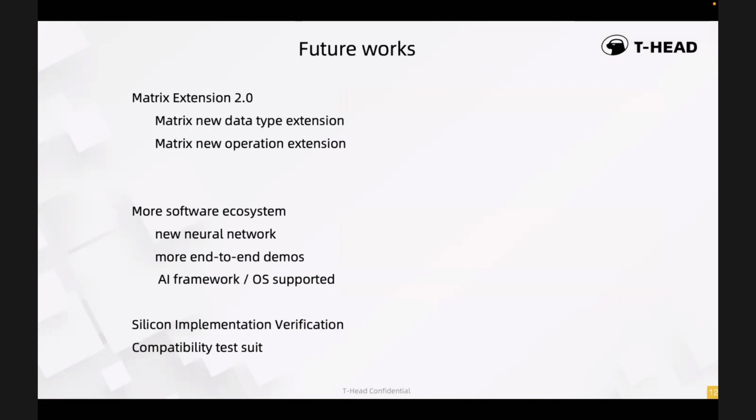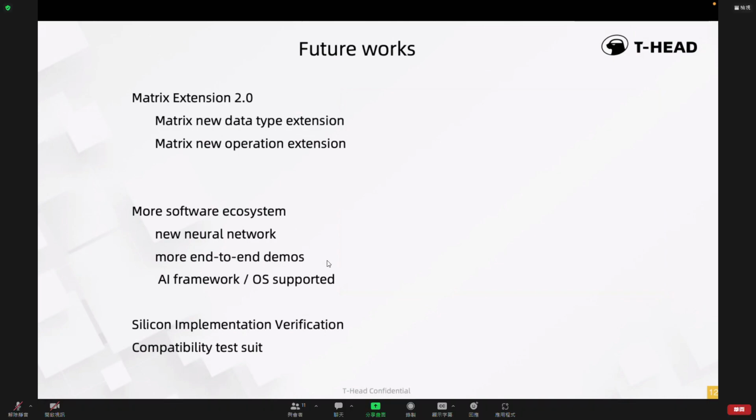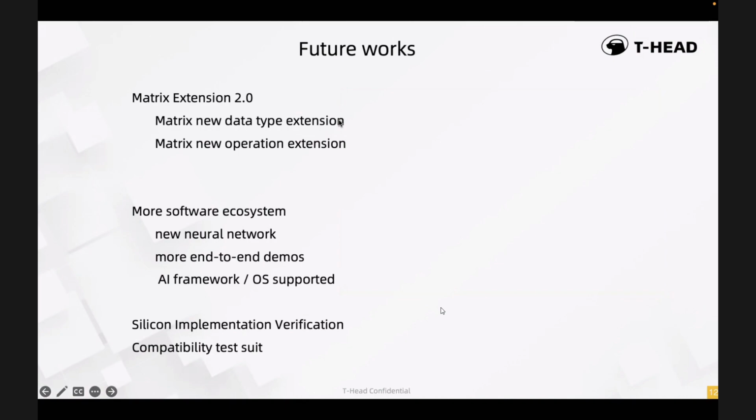AI applications are growing, and nowadays ChatGPT has again brought more development to AI applications. We will continually extend the current matrix extension, including new data types such as integer 4 and floating point 8, and new operations such as sparsity, pointwise, and transpose.